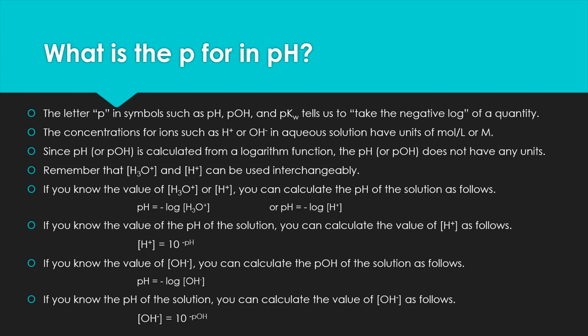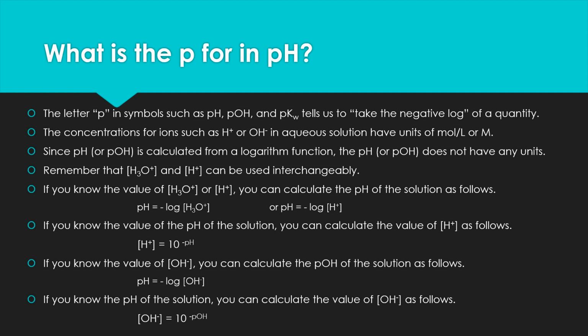Logarithmic functions are not going to have units. When we take that log, it's like the units disappear, okay? So remember, again, that H3O plus and H plus concentrations can be used interchangeably, so if we see one, that means the other one, same thing.